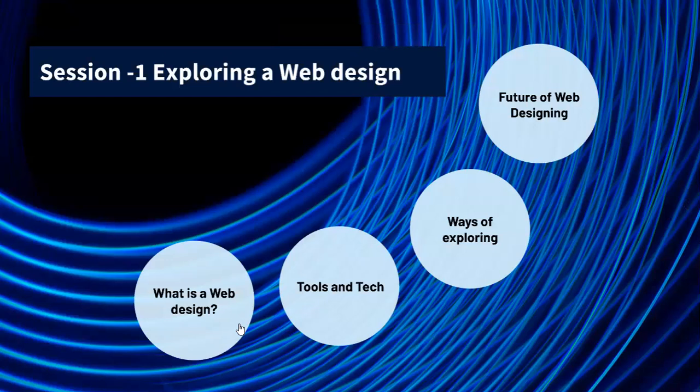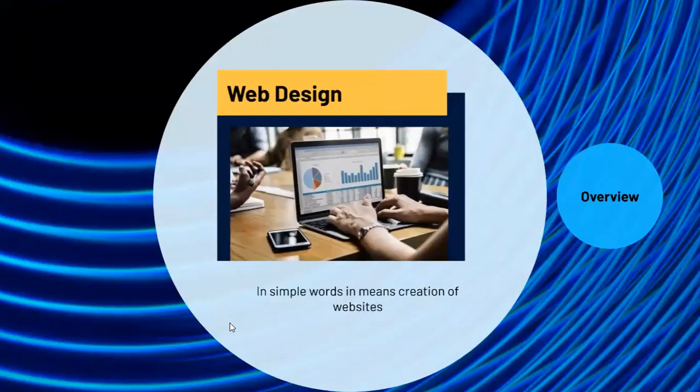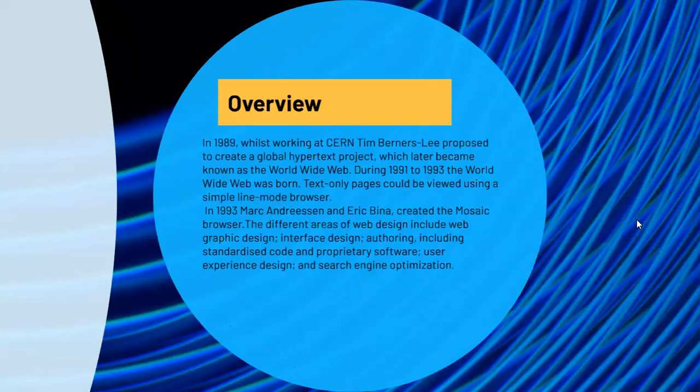We'll see what a web design is. In simple words, it means creation of websites. You can see a lady working on a computer, and some kind of graph is displayed. It is all-encompassing of many different skills and disciplines that people need in the production and maintenance of websites. These include graphic design, interface design, authoring, including standardized code, user experience design, and search engine optimization.